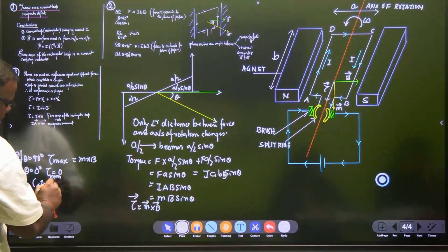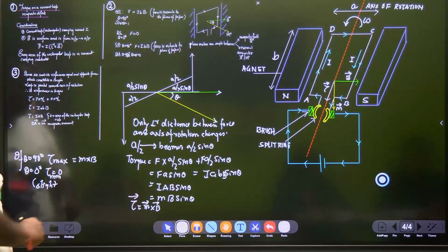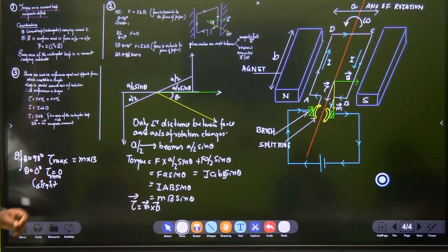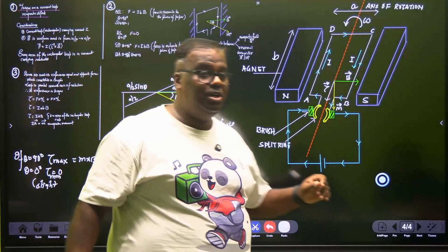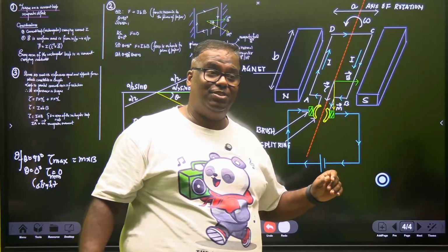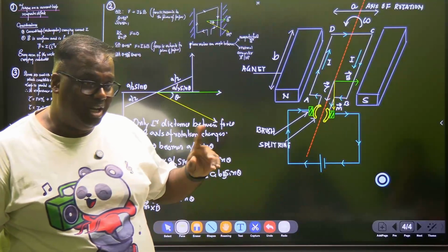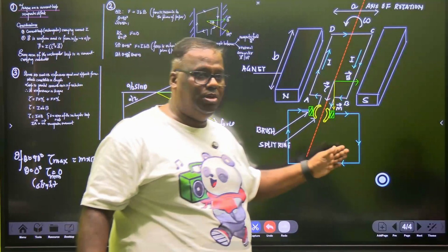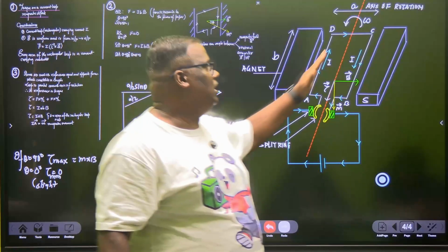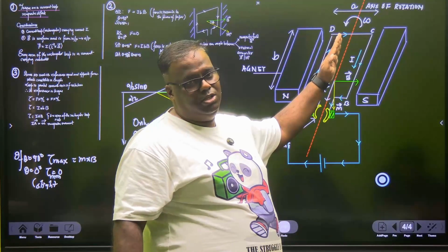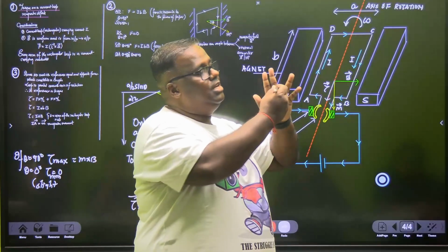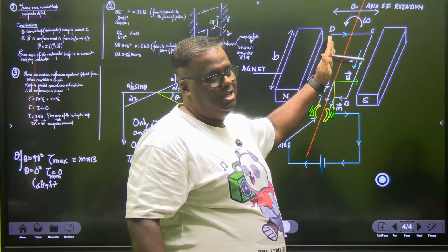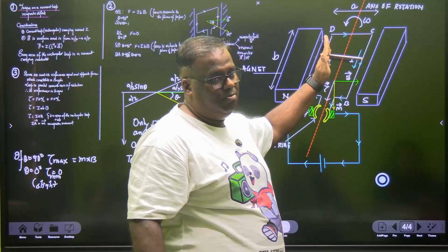Remember torque on an electric dipole in an electric field. So here also this is magnetic moment, which means it's a magnetic dipole. See the beauty. When your A is making 0 degrees, then your coil's position is not this, it's this. A is perpendicular to the coil, at 0 degrees with the magnetic field.